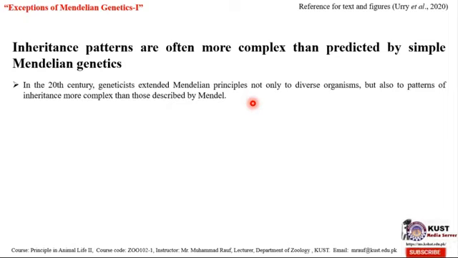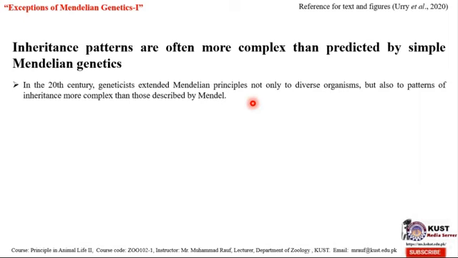Mendel worked with the pea plant in the 1860s, and when Mendel's work was rediscovered in 1901, people in other areas of genetics, working with animals and other plants, also started observing genetic crosses.